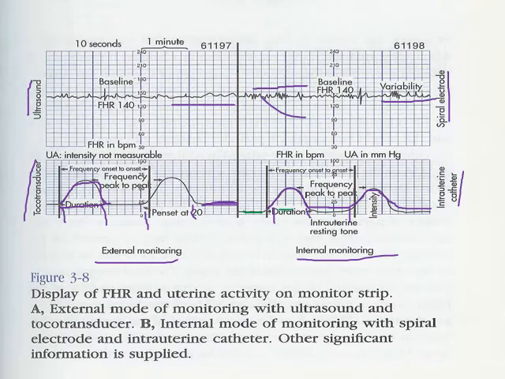So it goes from a resting tone of 5 up to about 50. So 50 minus the 5 means this contraction is 45 millimeters of pressure strong. Is that adequate for labor? 45 millimeters of pressure, is that strong enough? And are they frequent enough? Would you determine that these were adequate contractions? Yes, they are.